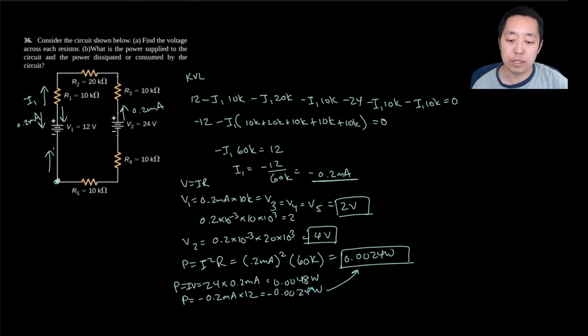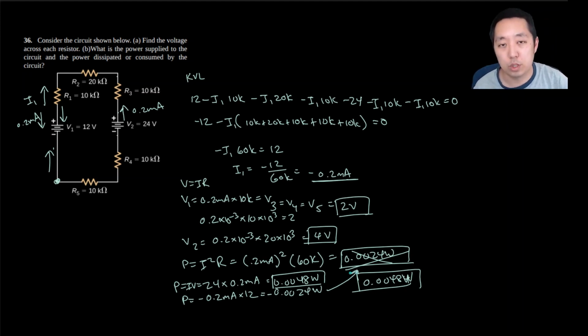So we would say all the resistors are absorbing this power. This voltage source is absorbing this power, or consuming. So we're sending out this much power and we're absorbing this much power, which is 0.0048 watts. The sign really only tells you whether or not the power is being absorbed or consumed.